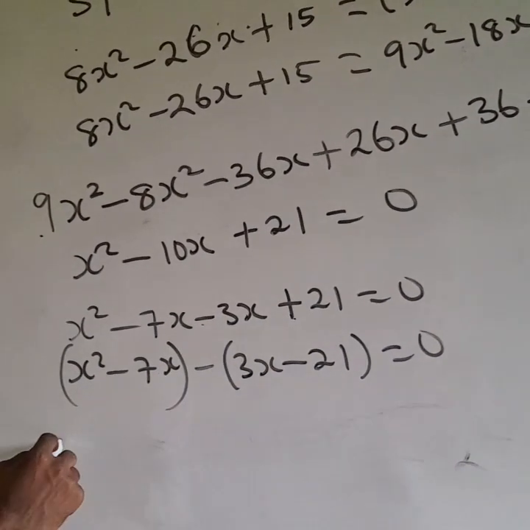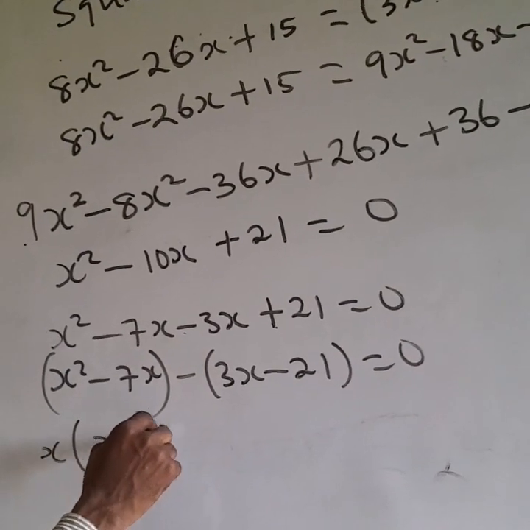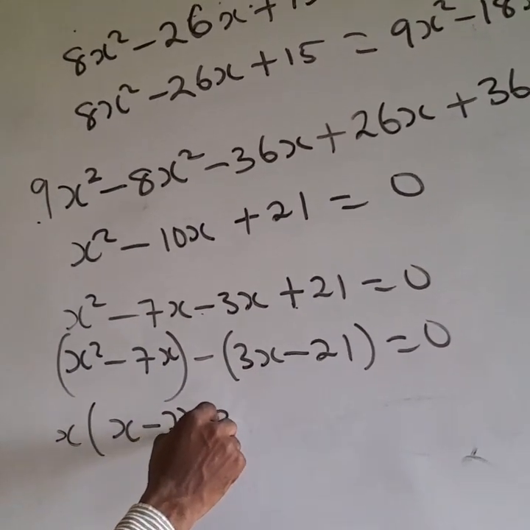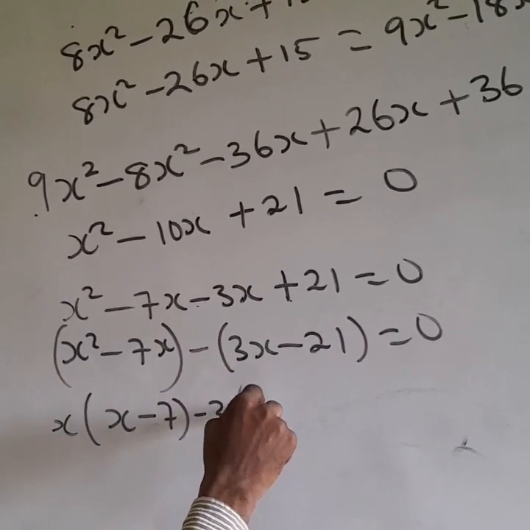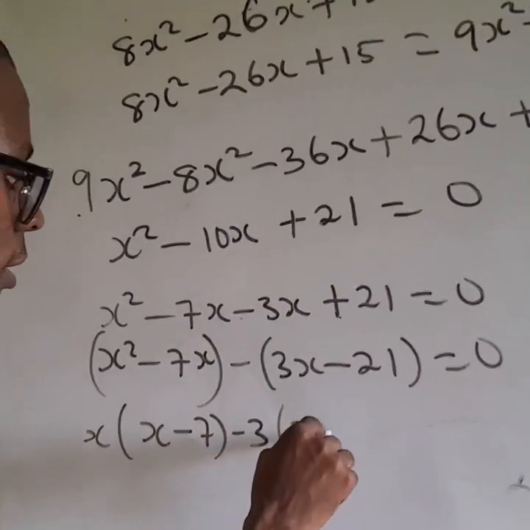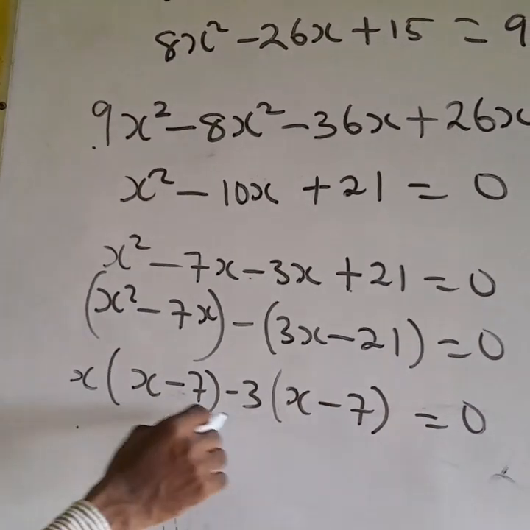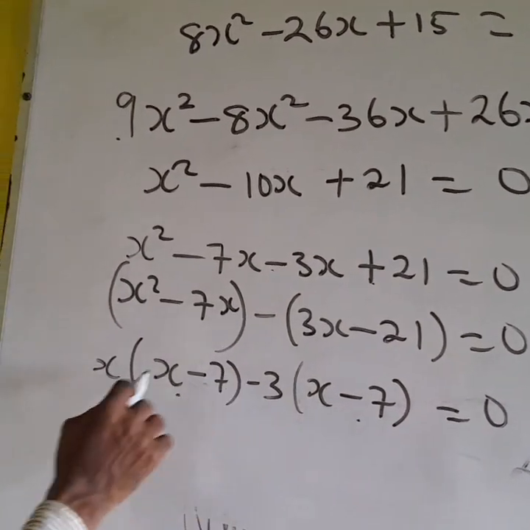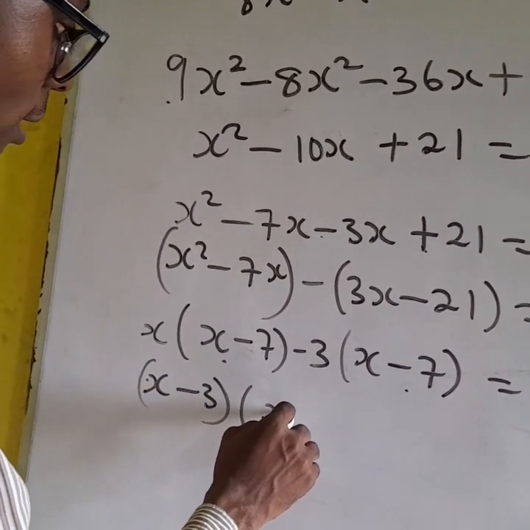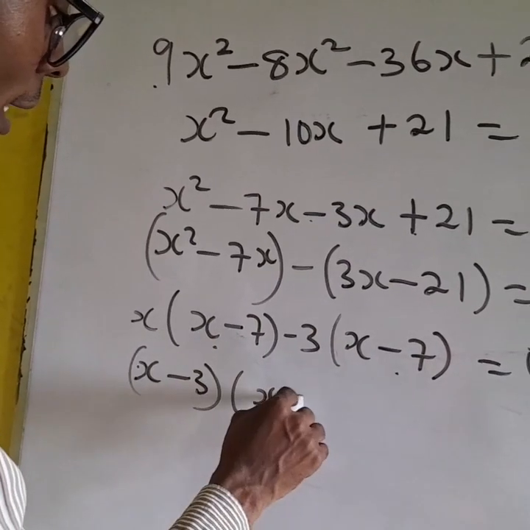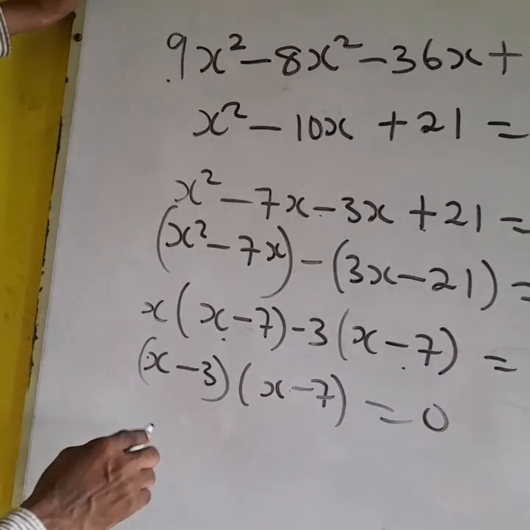What is common here? x is common, and 3 is common. Since x minus 7 is common, we pick one: x minus 3 into x minus 7 equal to 0. You pick one of them and equate it to 0.